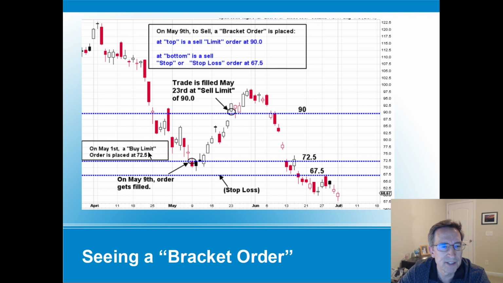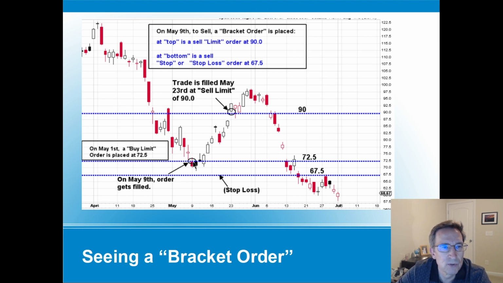So we wanted the price to come down to 72.5, which is this blue dash line, before we would get filled on that order. So May 1st is right here, but we didn't get filled right away. We had to wait almost a week. But then on May 9th, we did get filled, and that's corresponding to the 72.5.